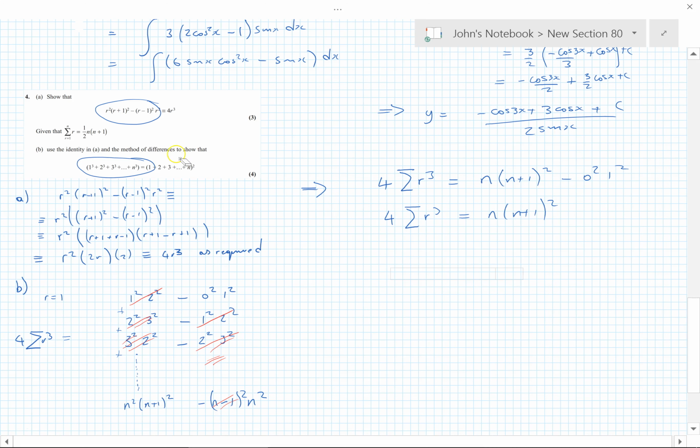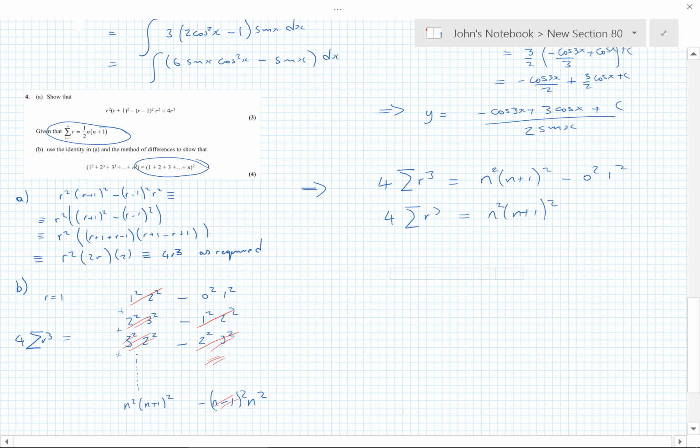But then it has given us a very, very helpful hint here. It's told us that sigma r is equal to that. And there should be an n squared there, of course.